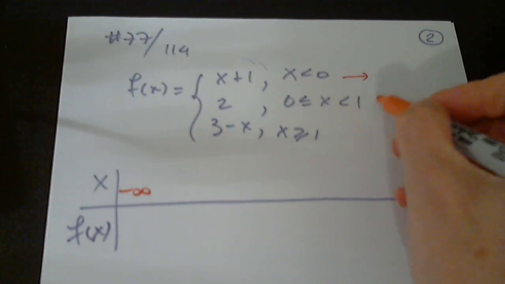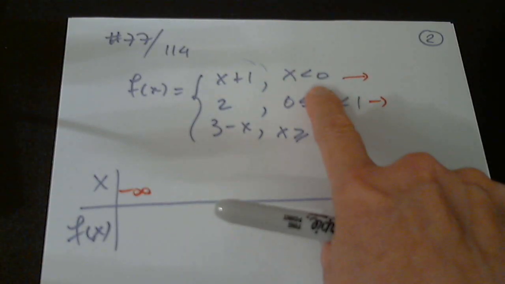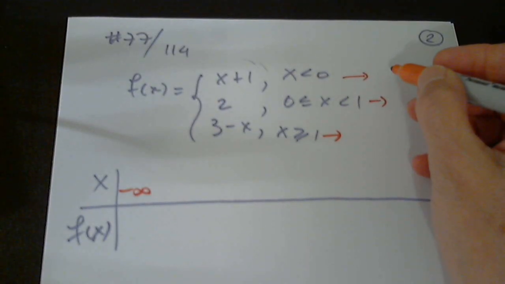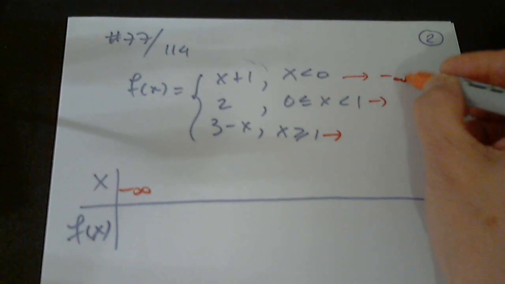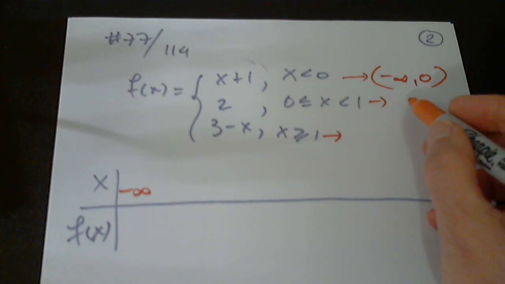Can anyone change these into interval notation for us quickly? Interval notation, please. Would it be negative infinity to 0? Of course. Excellent. What about this one?